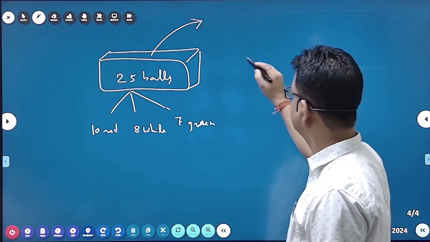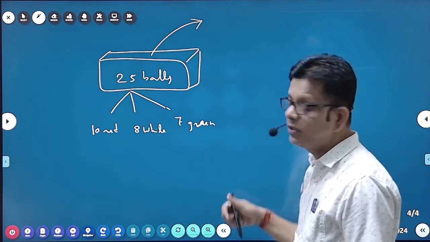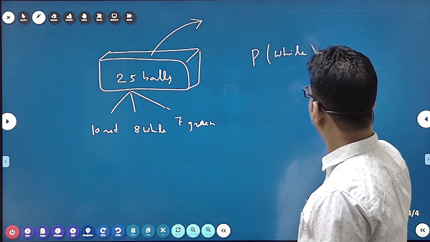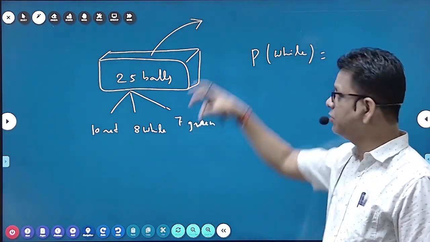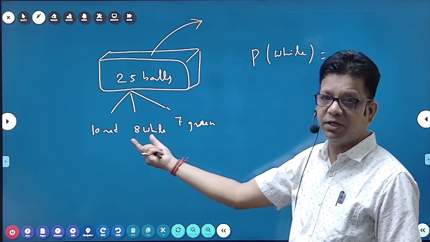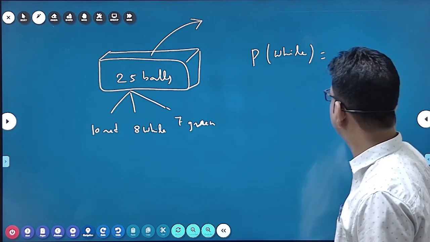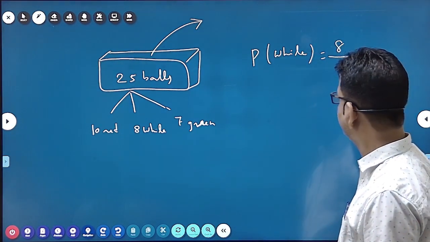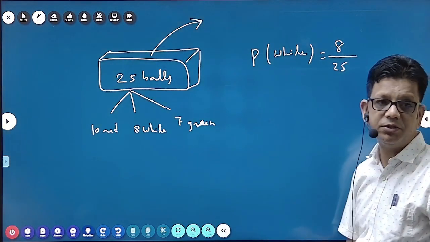The question is, if one ball is taken at random, what is the probability of getting a white ball? So how much chance is there of getting a white ball? When you put your hand in, it goes to white balls in how many cases? 8 balls. So 8 balls are white out of the total 25, because the denominator is always the total.